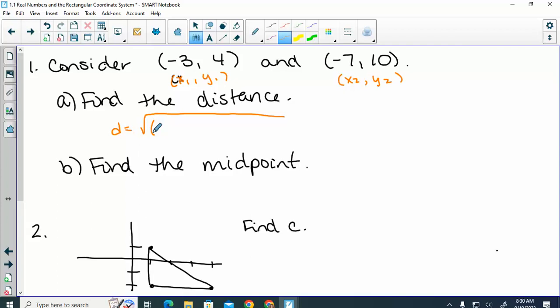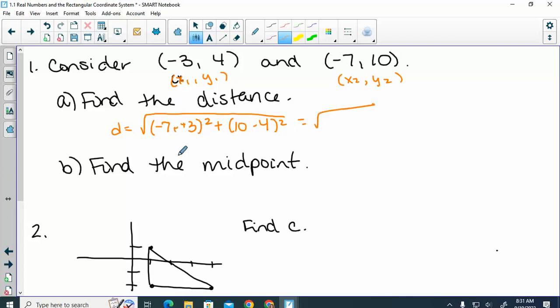How do we find our distance? x2 minus x1, so negative 7 minus negative 3, squared, plus y2, which is 10, minus y1, which is 4, squared.